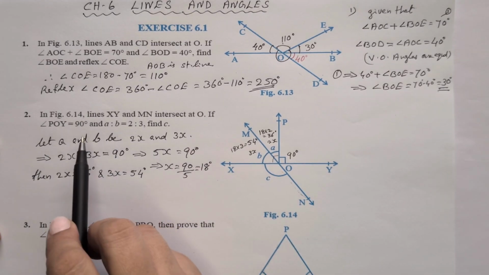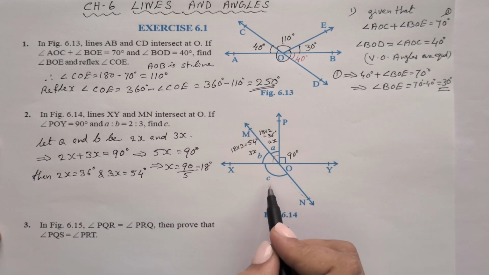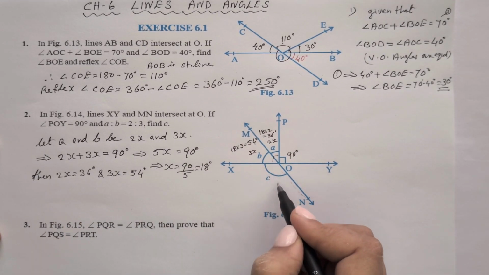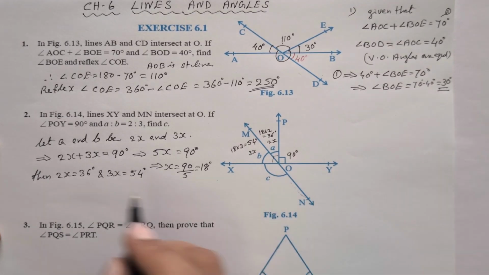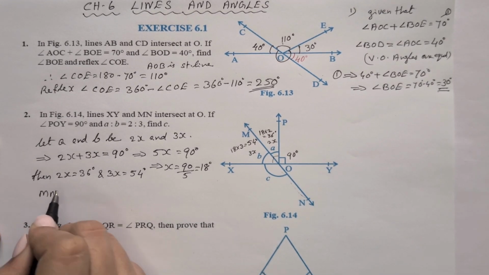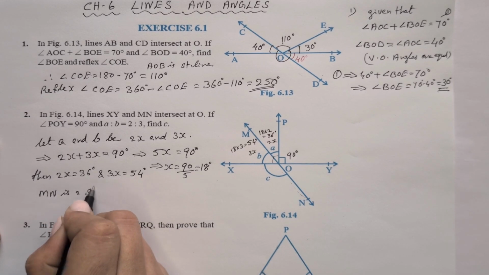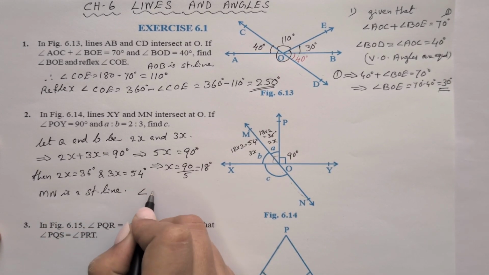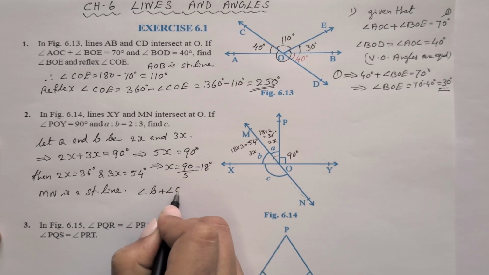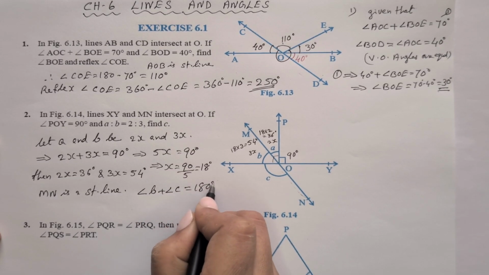Next what we have to find? Find c. Now consider angle b and c. MN is a straight line. So we can write angle b plus angle c is equal to 180 degrees.